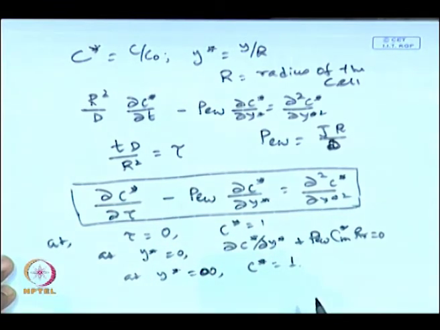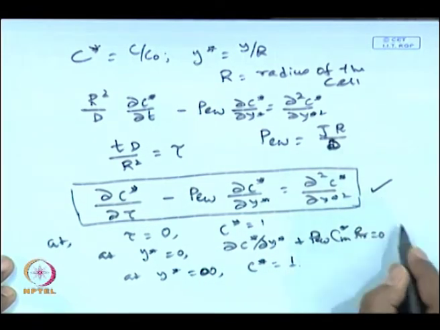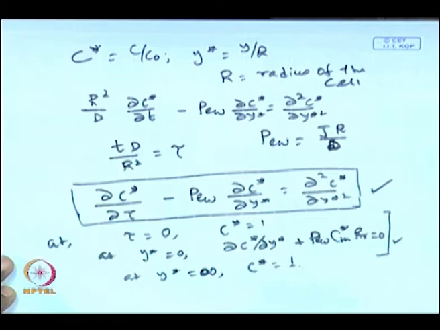So that is the complete problem statement of this undisturbed batch cell. This is the governing equation, and these three are the various initial and boundary conditions. You have two boundary conditions in y and one initial condition in time, tau.